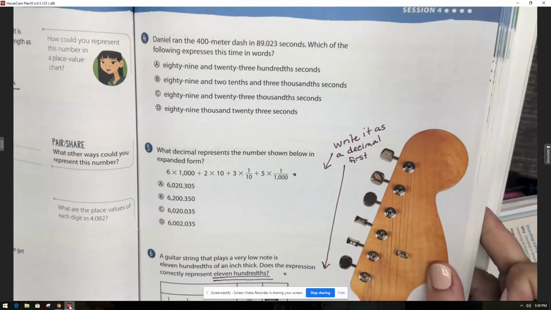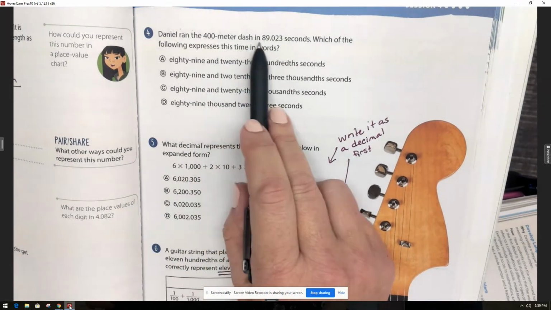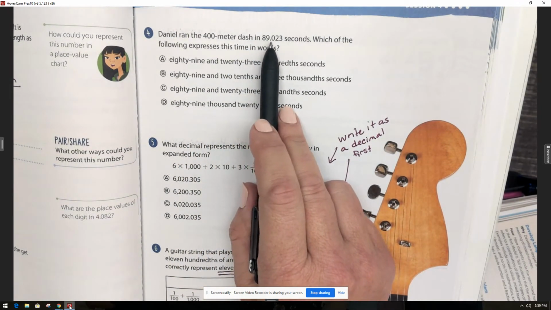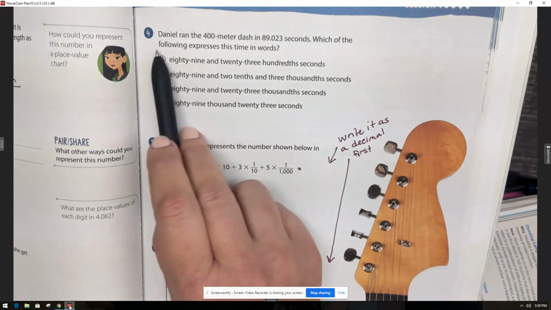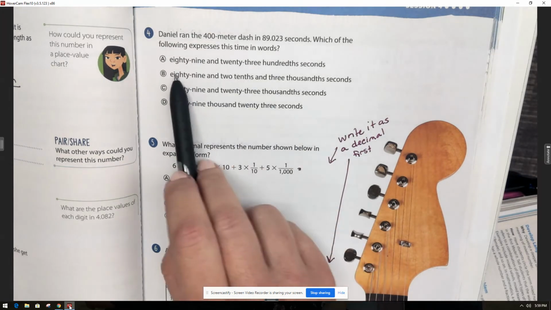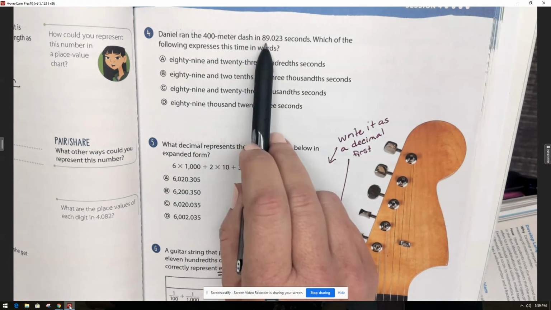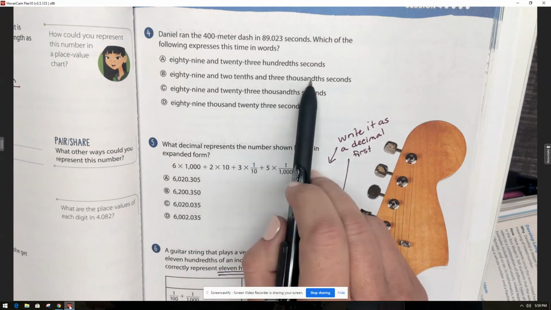Sorry. Number 4, Daniel ran the 400-meter dash in 89.023 seconds. Which of the following expresses this time in words? So look at these and figure out which one says 89.023 seconds.